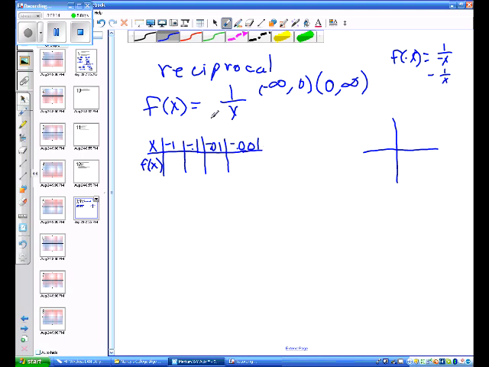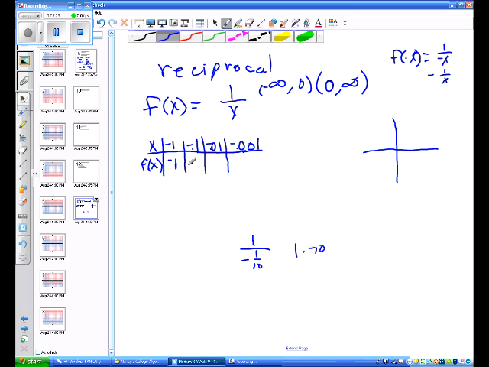Now, if I plug that into my function, I have 1 over negative 1, which is negative 1. If I plug in negative 1/10, I have 1 over negative 1/10, which if you just think about it, is the same as 1 divided by 1/10, negative. Fractions to me are just a little bit easier because to divide by a fraction, you multiply by the reciprocal.